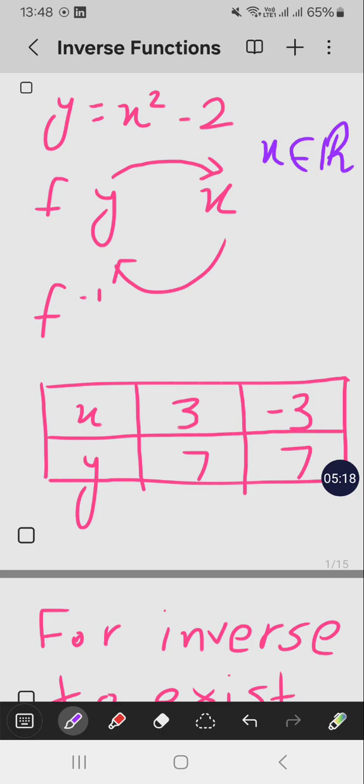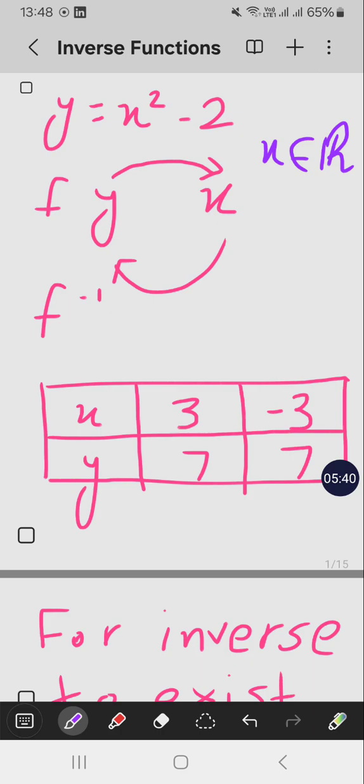So we can't generate the output of the inverse function because we can't tell where this 7 came from. We can't tell whether it was generated from 3 or minus 3 in our original function.